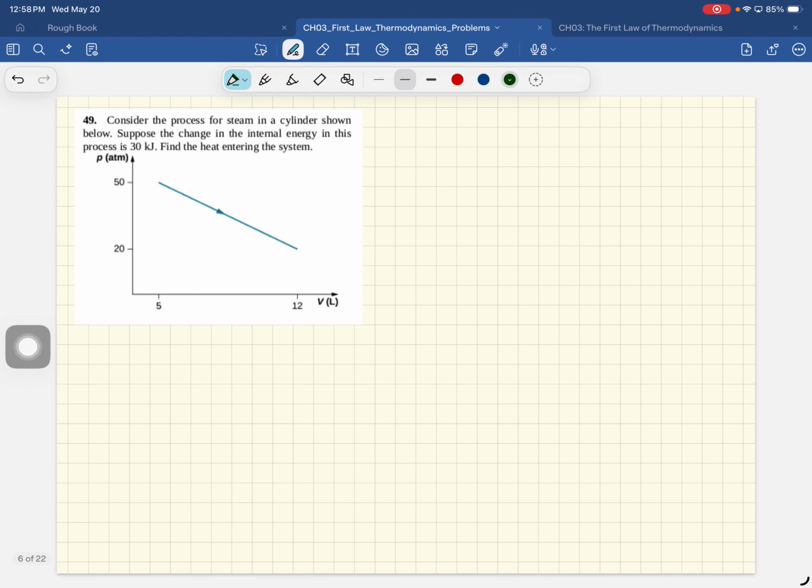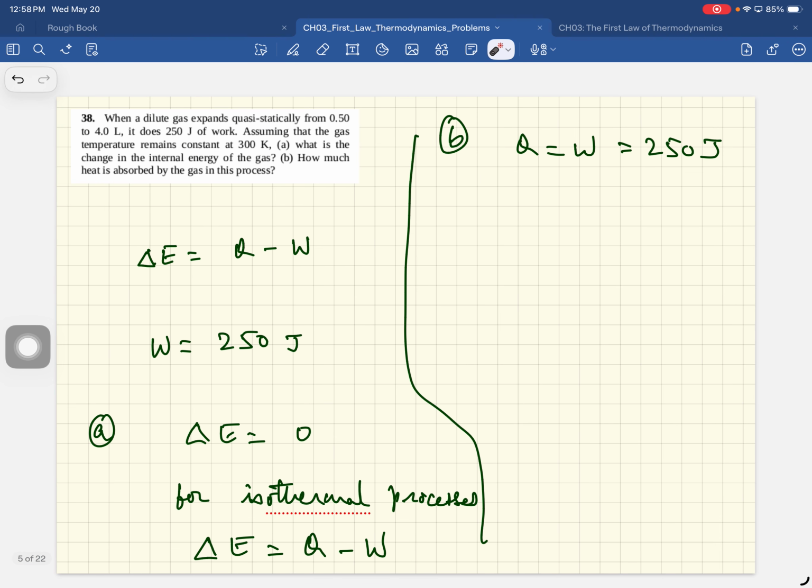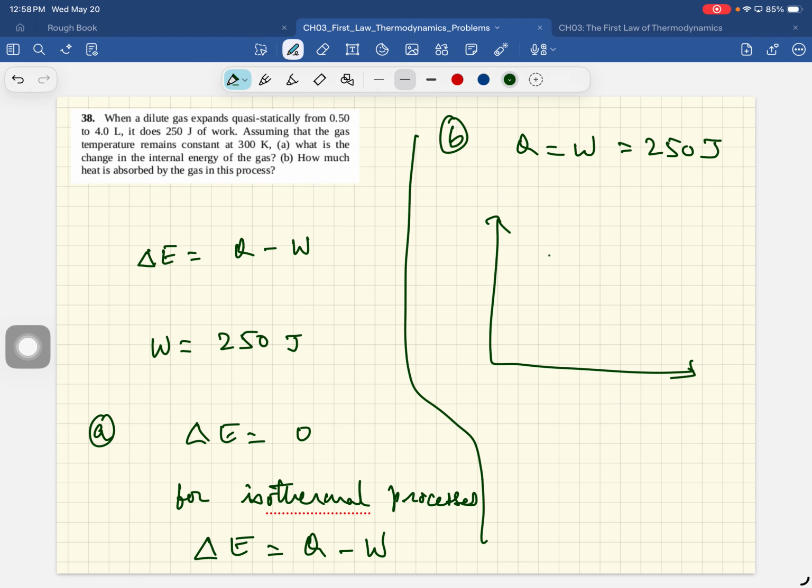What is path dependent? Work done, and what else? Heat added. Okay, so that was the statement about this first law. This guy is path dependent, this guy is path dependent. Their difference is path independent. Okay, and that's what this problem illustrates. Everybody understand?